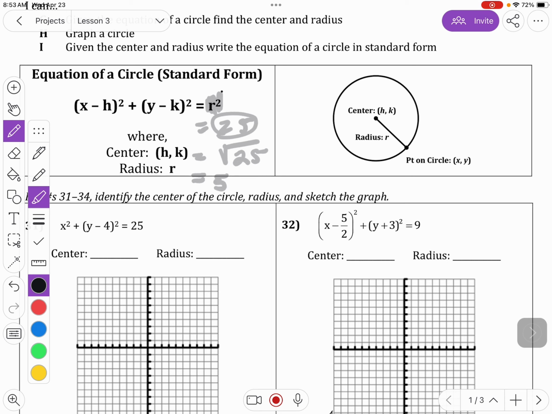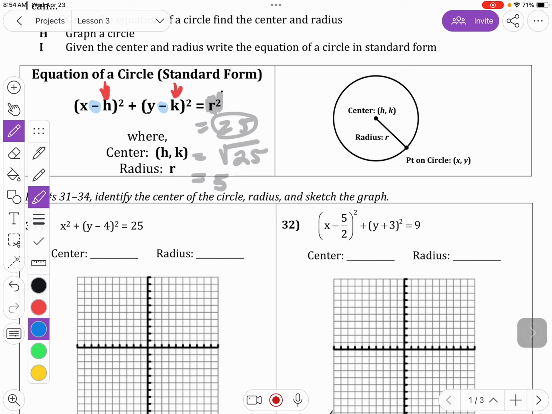The second thing to know is that H and K represent the center. And since a circle is all points equidistant from a center, that's an all-important set of numbers. It's critical to know that this negative sign here is built into the equation, so to speak, so you're going to take the H value and put it in with that negative sign, and you're going to take the K value and put it in with that negative sign.